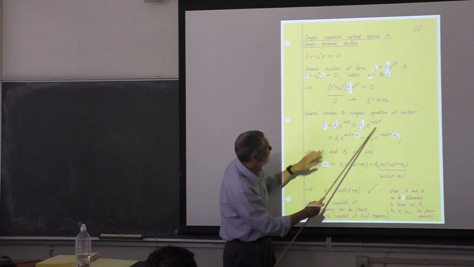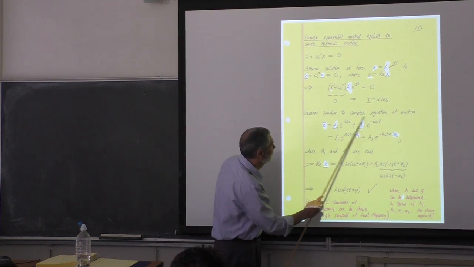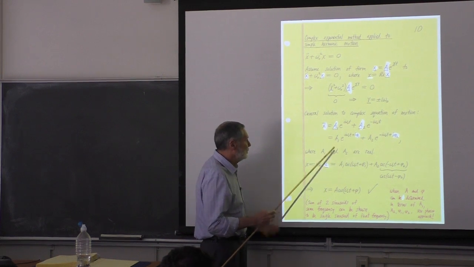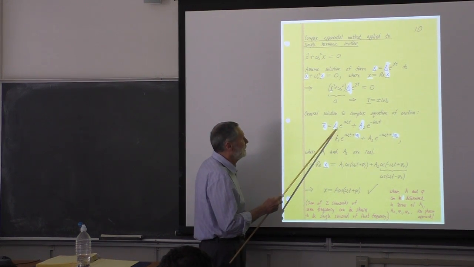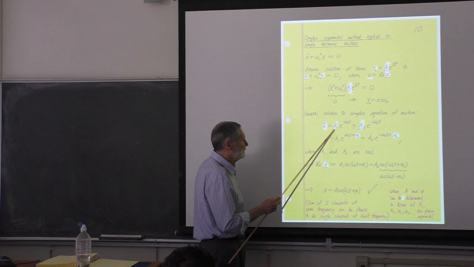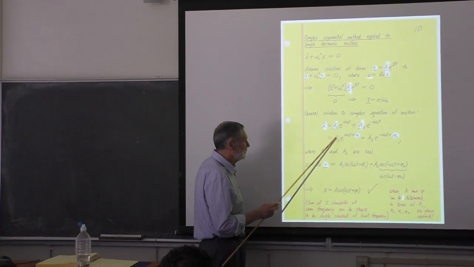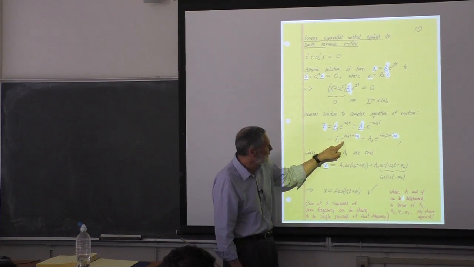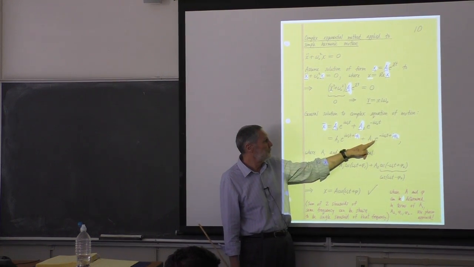So we would write the general solution like this. And before we take the real part, it's easier to remember that we can express a complex amplitude as a real amplitude times e to the i phase. So that's what I've done going from here to here, and from here to here.